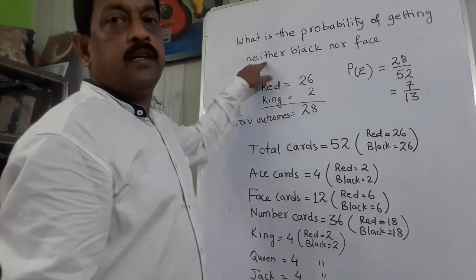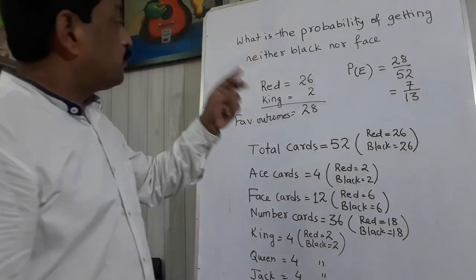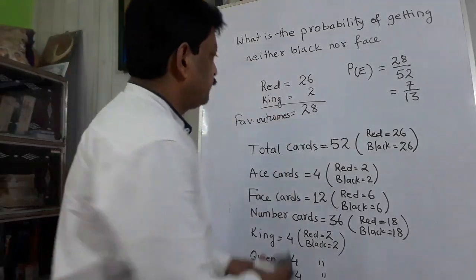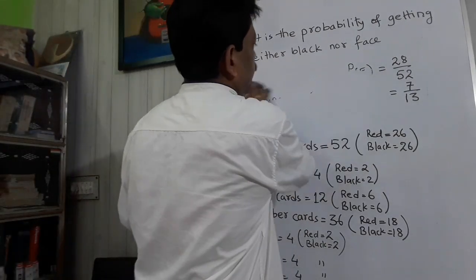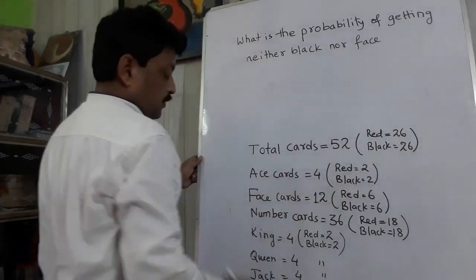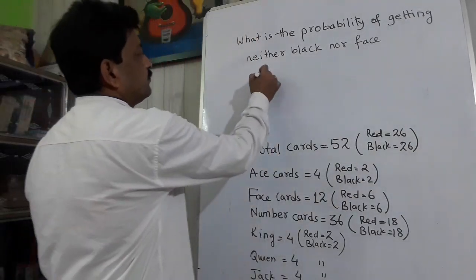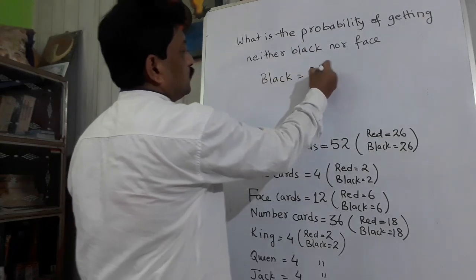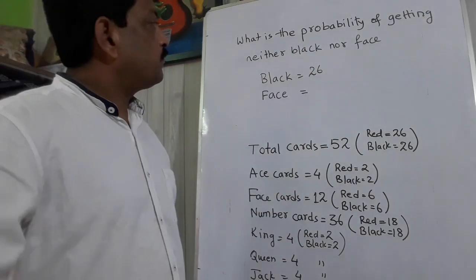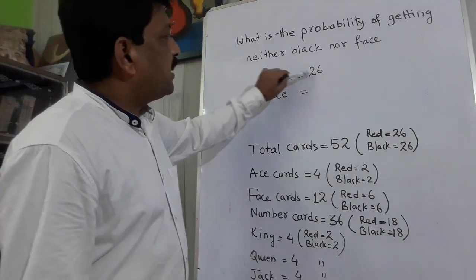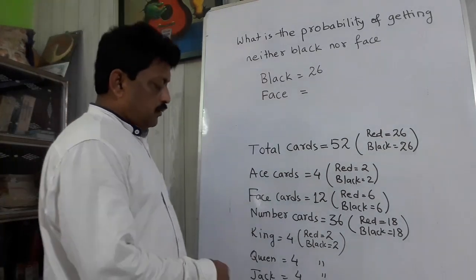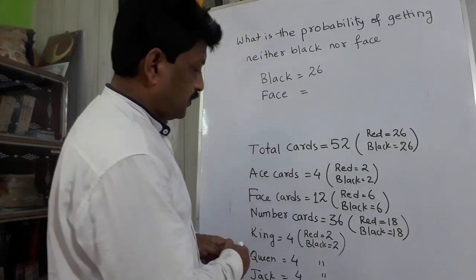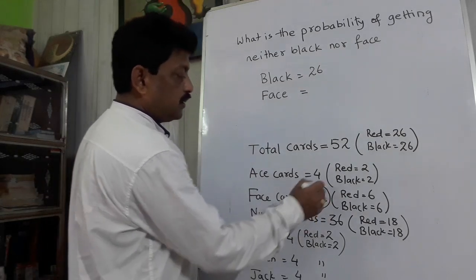We don't want black and we don't want face also. Now how many black cards are there? Again 26. There are 26 black cards and face cards are 12 in number.